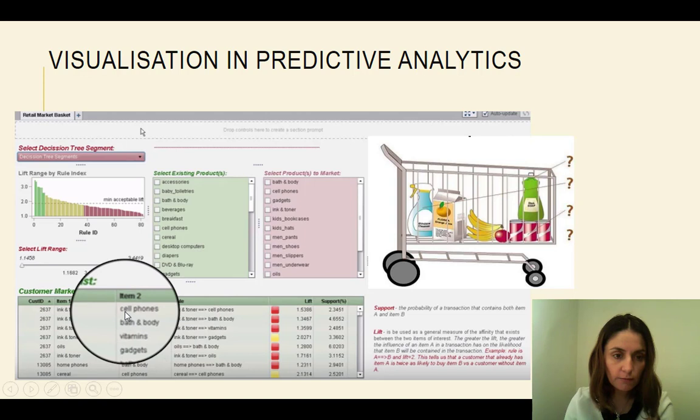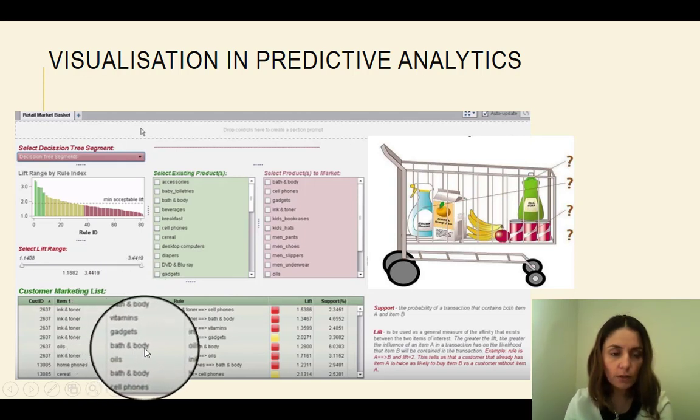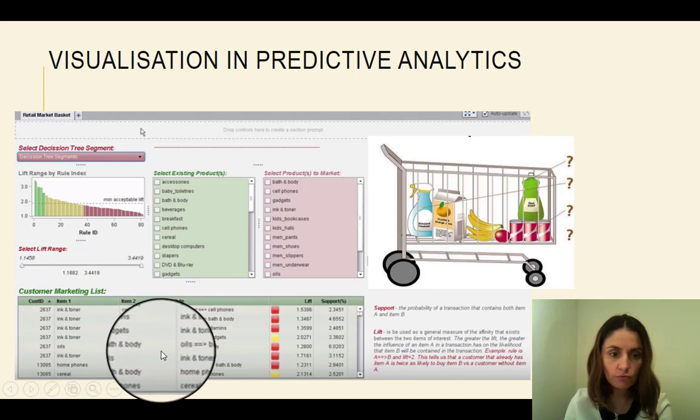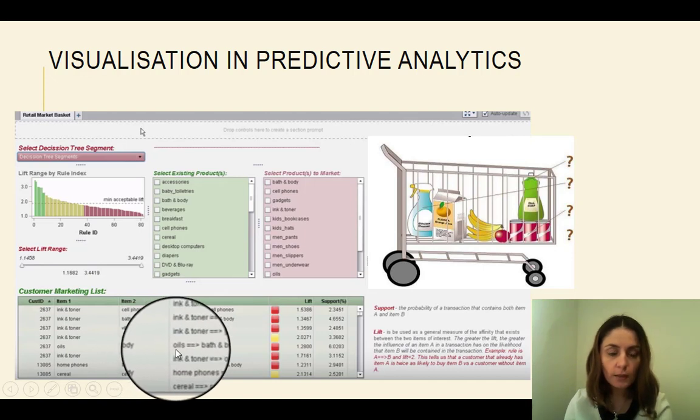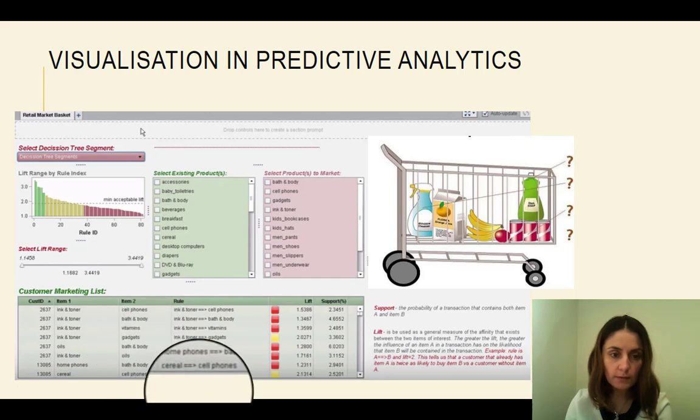For example, here we have toner and ink in the customer basket, but we miss the gadget and we need to advertise it and consider it in our market basket analysis.